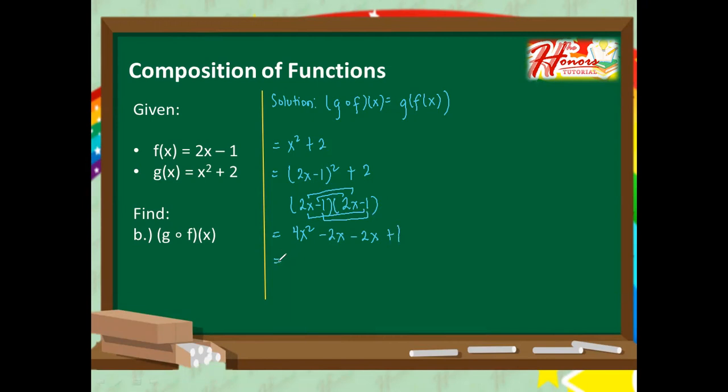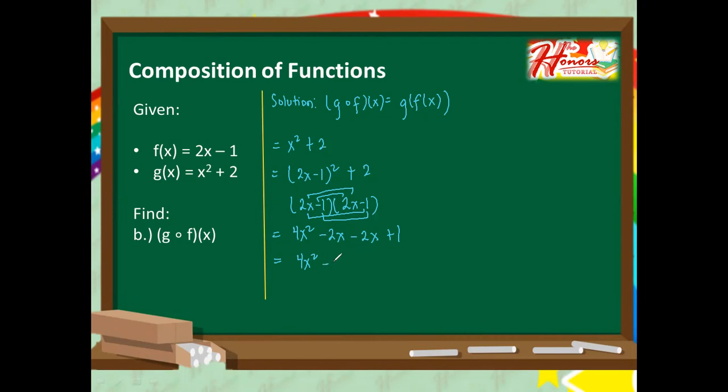And then we have to combine like terms. For 4x squared, we cannot combine it. It is because the exponent is 2. It is not the same with the variables or terms having the exponent of 1. So let's combine negative 2x and negative 2x, since they are like terms because of their variable, which is x, and their exponent, which is 1.